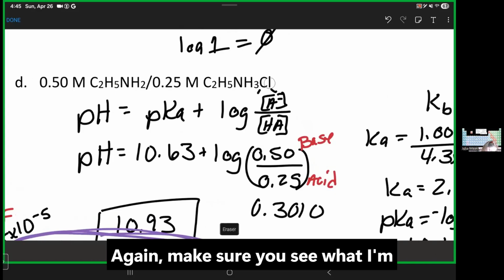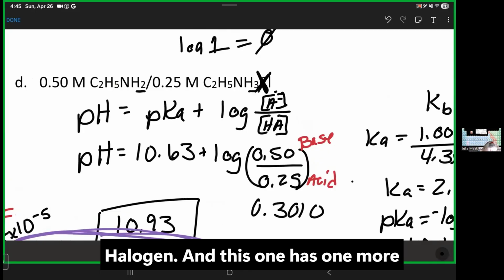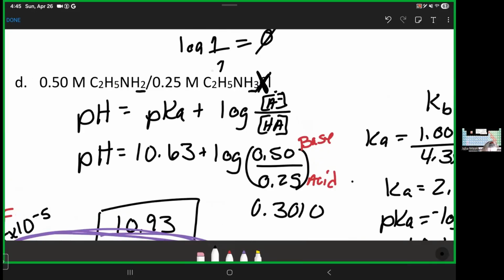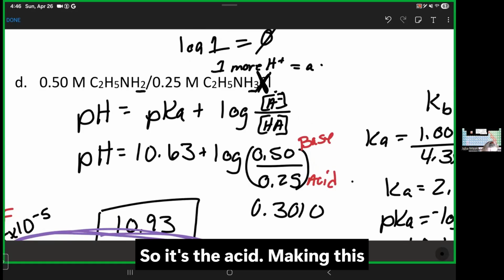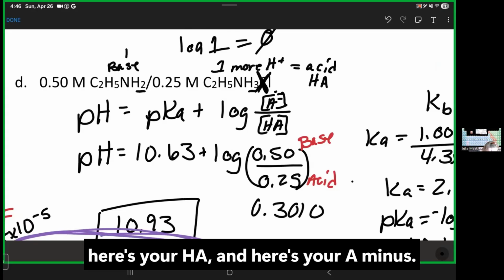Let me do that again, make sure you see what I'm doing. So I'm ignoring that halogen, and this one has one more hydrogen. So it's the acid, making this one your base. So here's your HA, and here's your A minus.